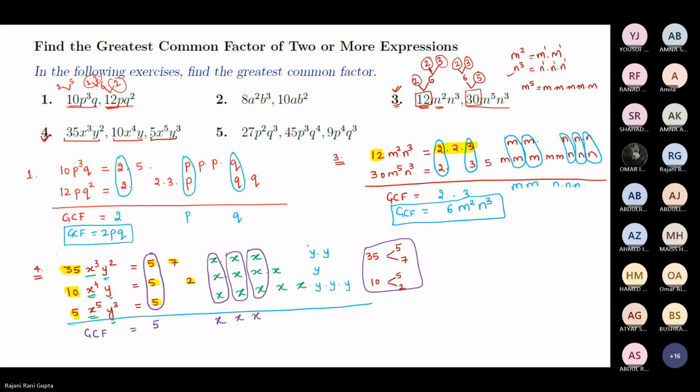Okay, we have here 1y. This y we have in two terms only. The third one we don't have, so we don't take it. So our greatest common factor becomes 5. How many x are there? 3. So we write x power 3 and then y. This is your greatest common factor. Clear? Yes, miss. Okay, thank you for confirming.